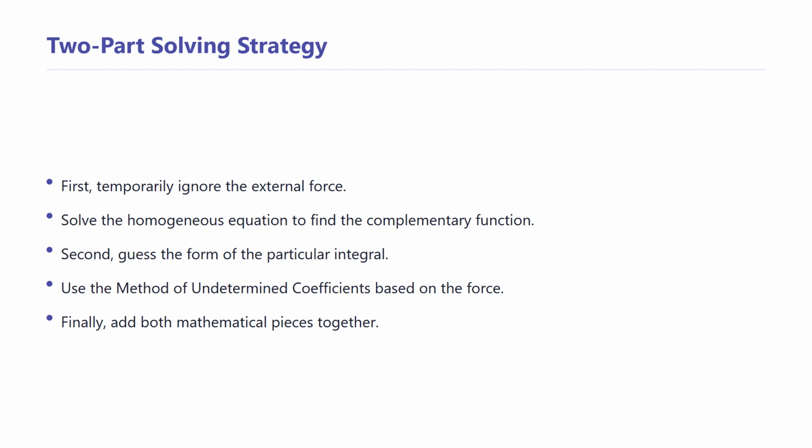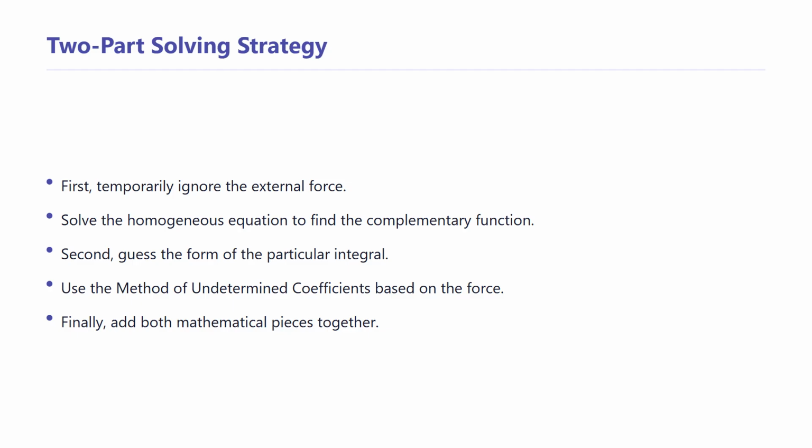Now that we know the solution has two parts, let us outline our strategy for finding them. We will always follow a two-step process. First, we temporarily ignore the right side of the equation. We pretend the external force is 0 and solve the homogeneous equation to find our complementary function.